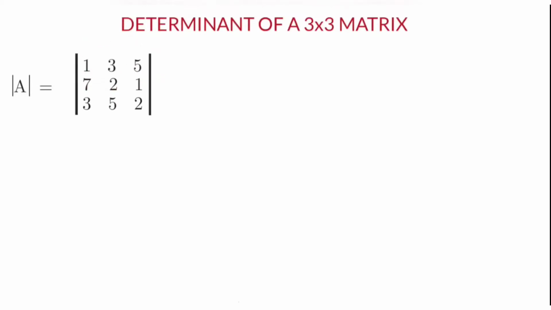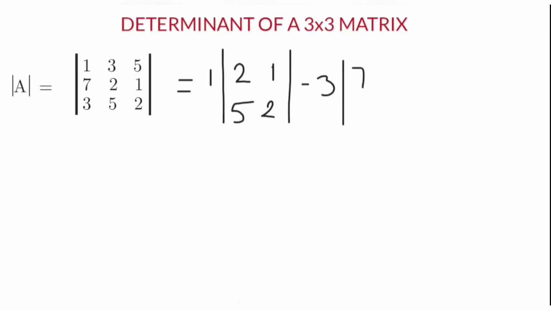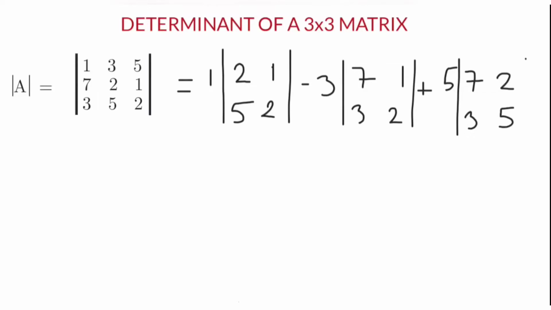So it is going to be equal to 1 times the determinant of 2 1 5 2, minus 3 times the determinant of 7 1 3 2, plus 5 times the determinant of 7 2 3 and 5.